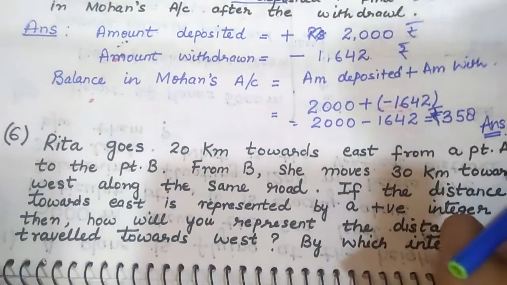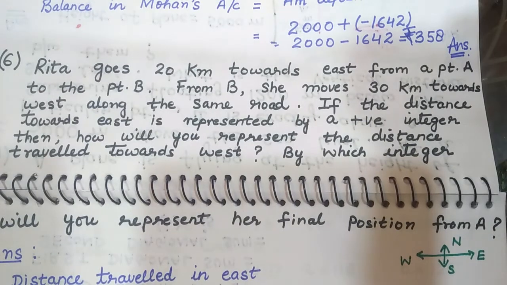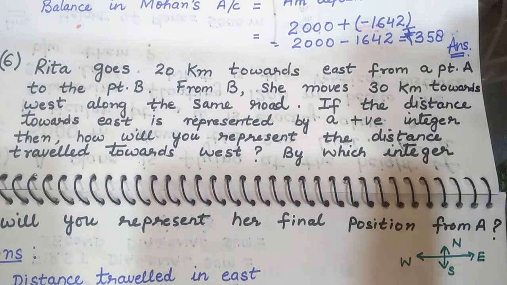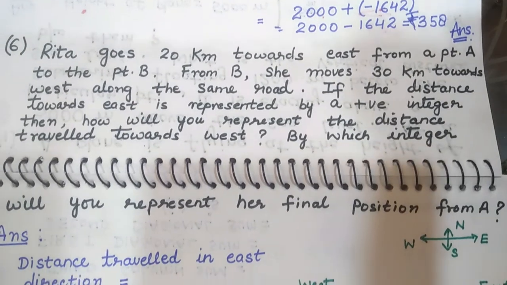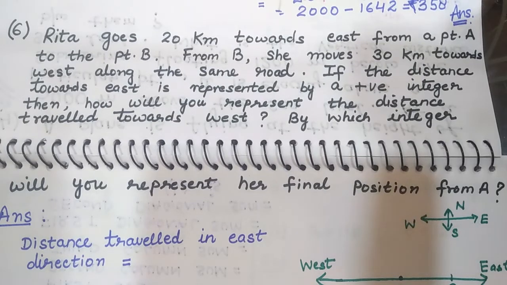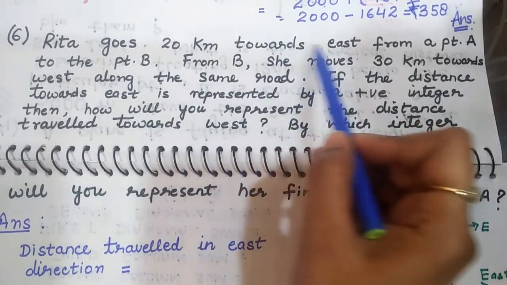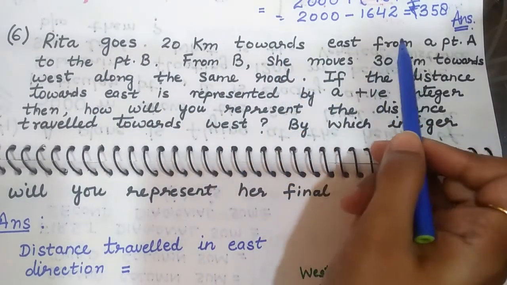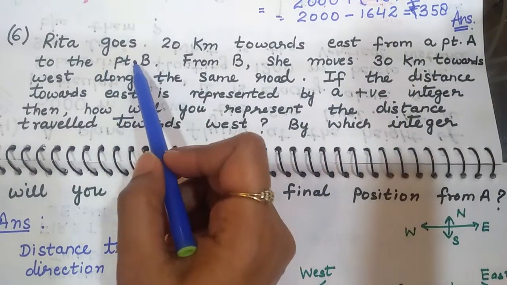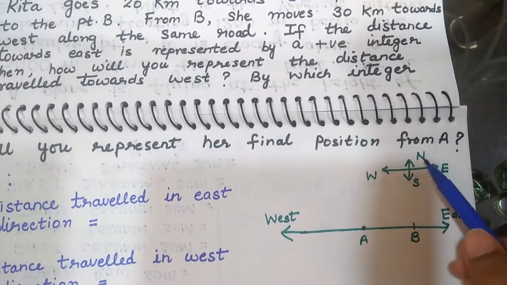Now moving towards the next question. Rita goes 20 km towards east from a point A to the point B. From B she moves 30 km towards west along the same road. So here is the notation of directions.